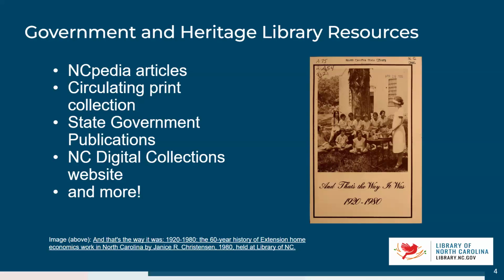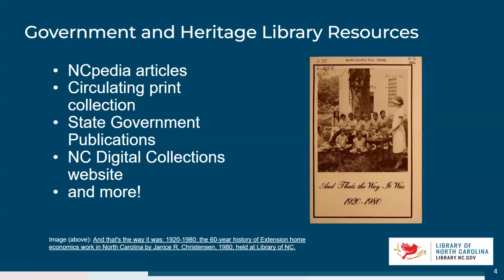A number of these resources, the print and state government publication resources, are available on our digital collections website, which is maintained collaboratively by both the Library of North Carolina and the State Archives of North Carolina.